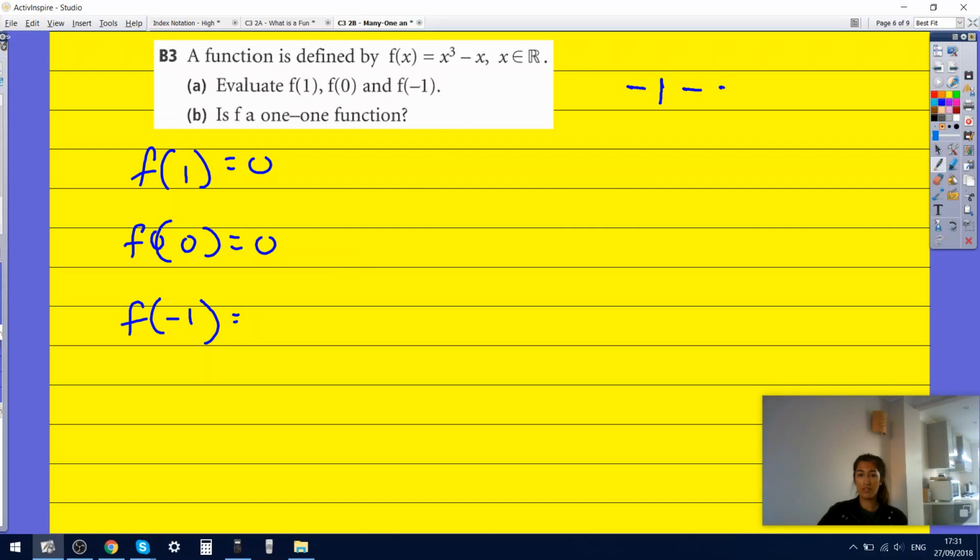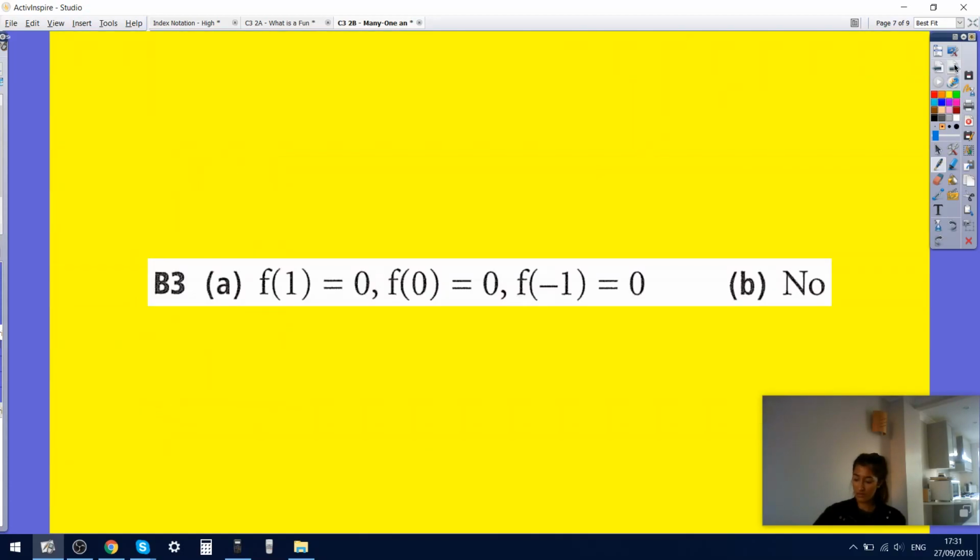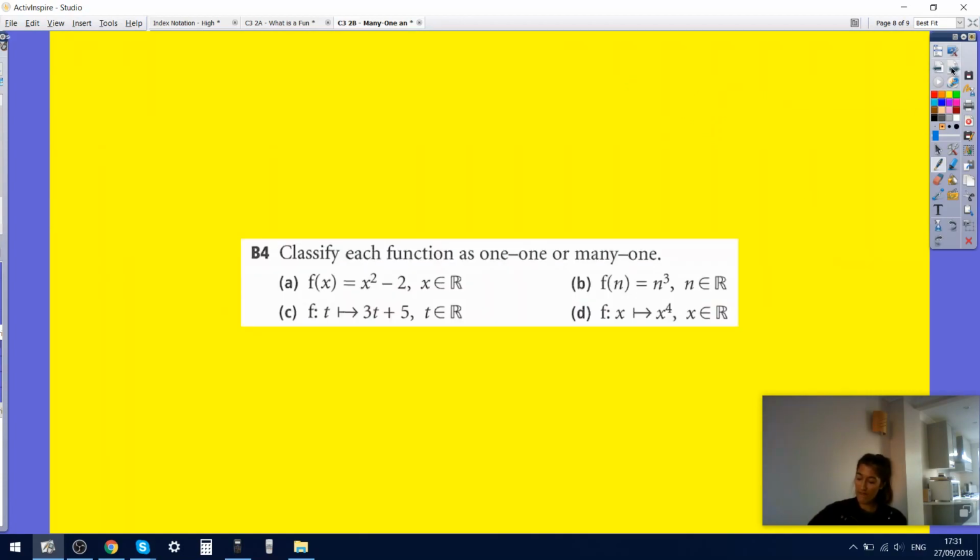Minus 1 minus minus 1 is plus, so 0. Yes. Part B: is f a one-to-one function? No. Many inputs, same output. Yeah.